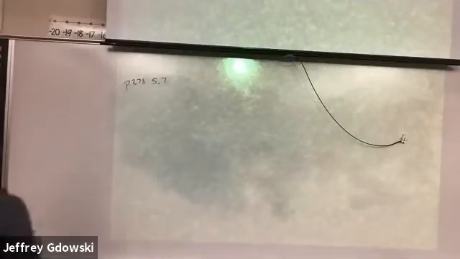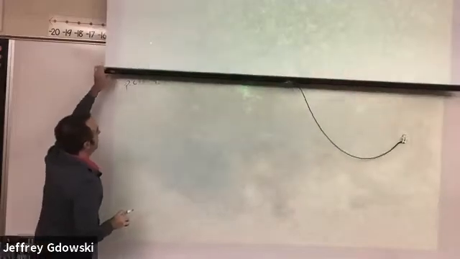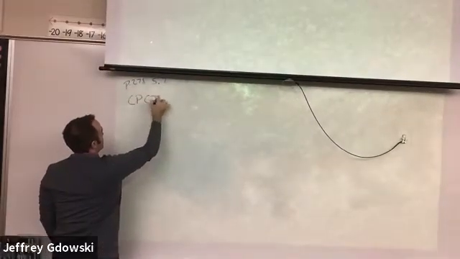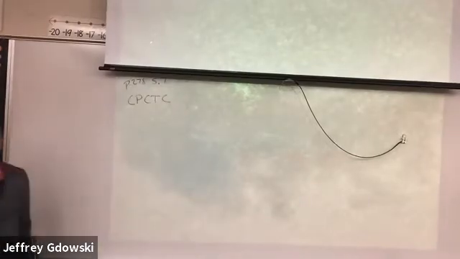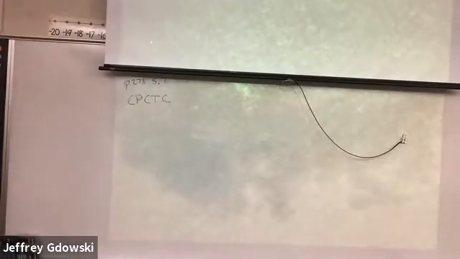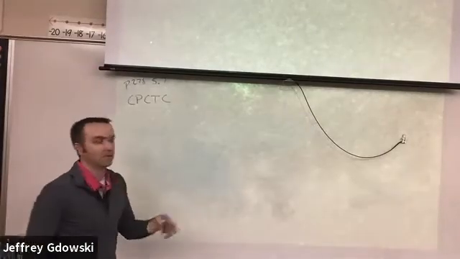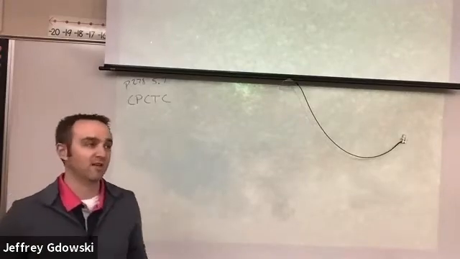All right, so for 5.7, we are dealing with this idea of CPCTC. This is what I had you write down in your notes beforehand. Even though it doesn't use this abbreviation in the book, this is what most geometry books and geometry people use as the abbreviation.